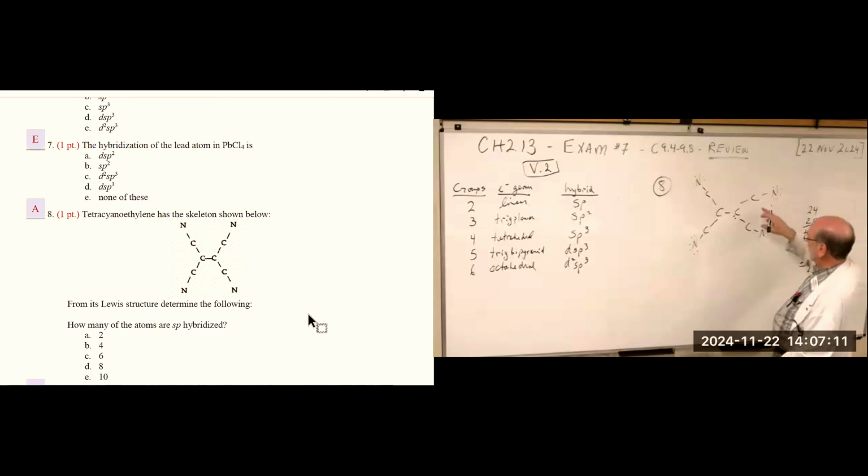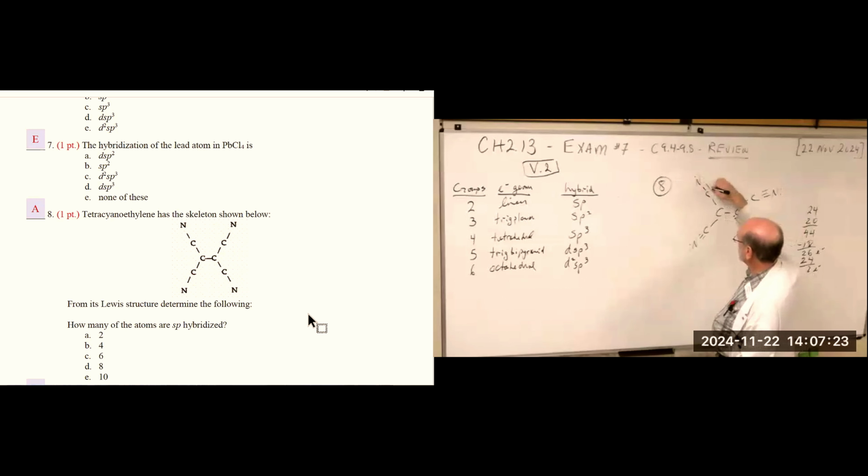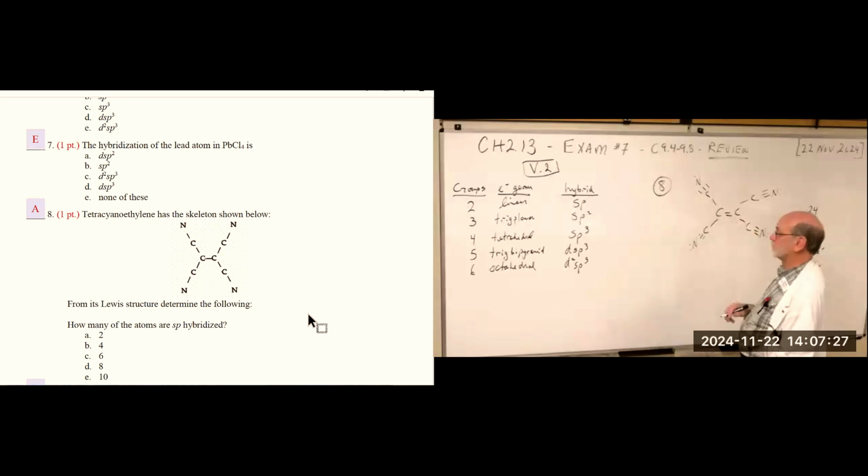Now we would make an octet around this carbon. We could use 2 of those, 2 of those, 2 of those, and 2 of these. And then we can make an octet here like that, and that would get everybody an octet.